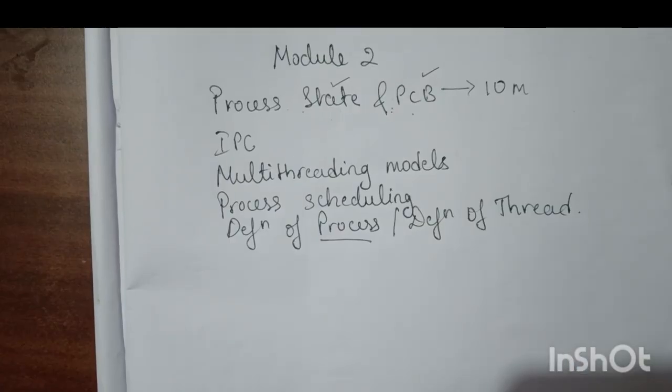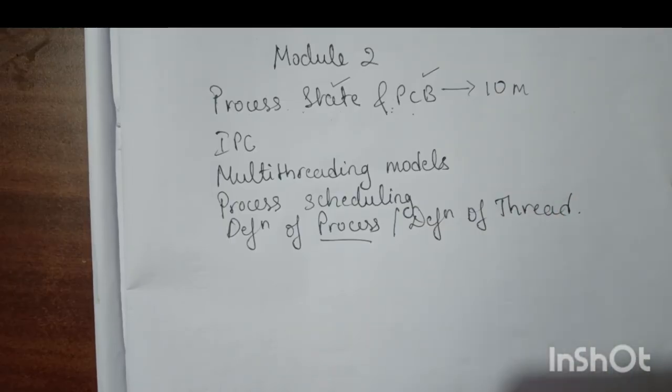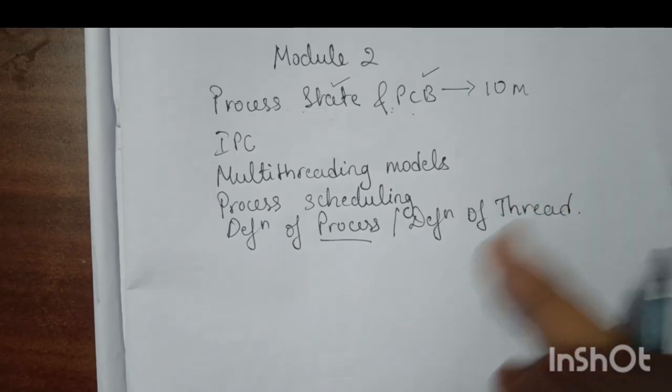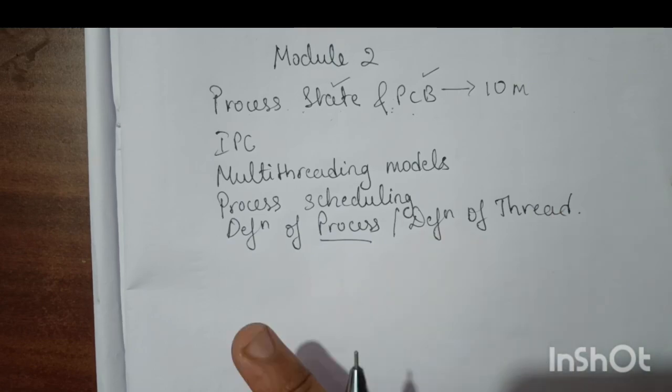Now, when I say a program in execution, your program is whatever C program you write, and then you click on the run button, then it starts running. That's execution. So that turns the program into a process.